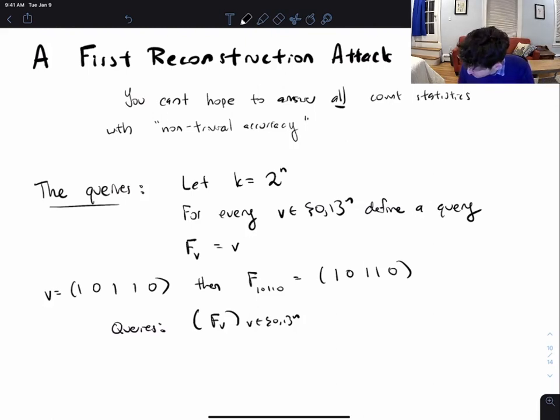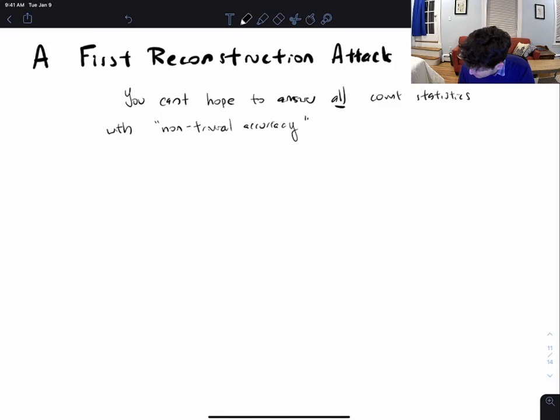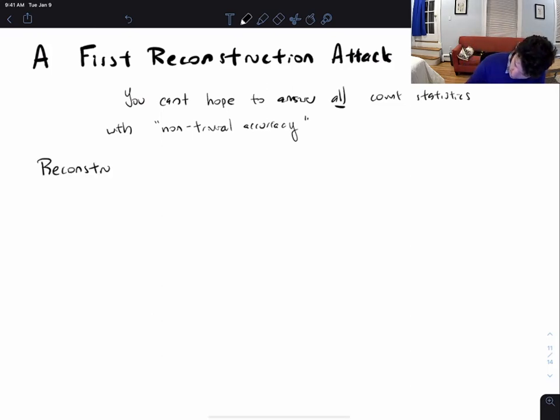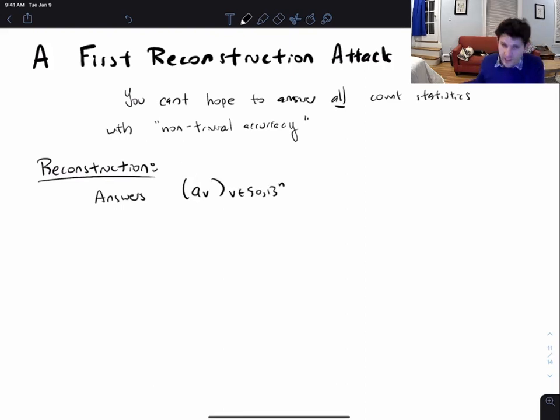All right, now how am I going to reconstruct? So I get answers, which is a collection of values, one for each query. So for every vector v, I get an answer to the corresponding query.